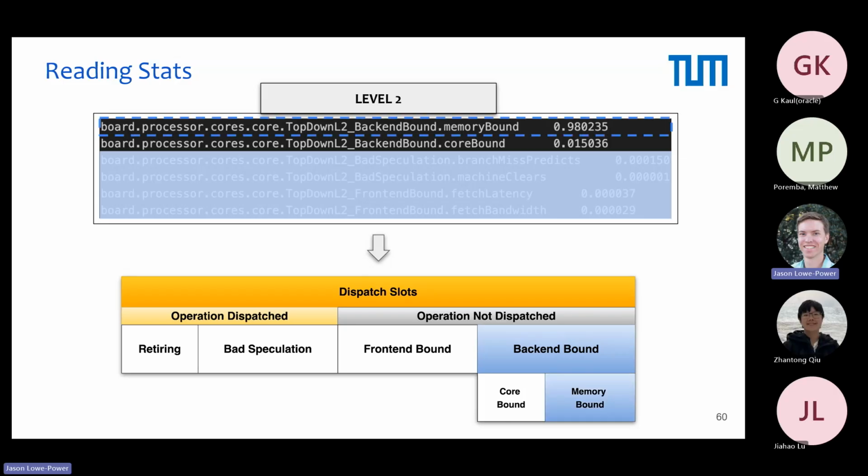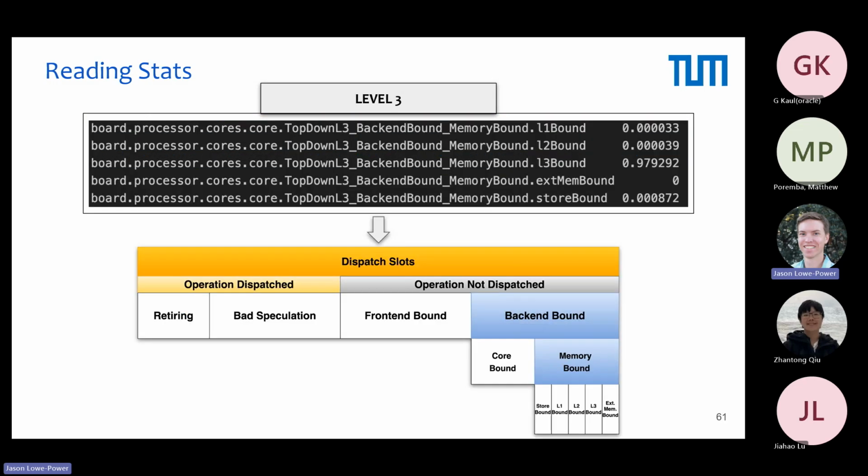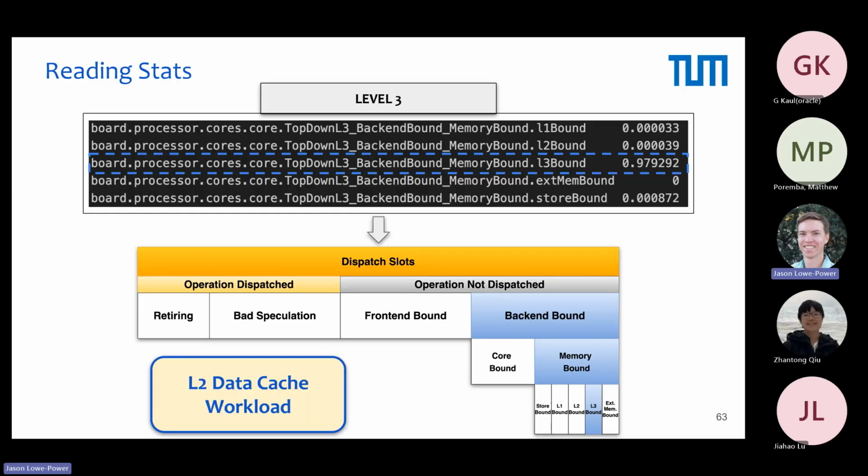And over here we see that it was memory bound on this level 2. And then we move on to level 3 of memory bound, where we see it can be marked as L3 cache bound, which means the load misses were searched from the level 3 cache. So this example was from a workload trying to stress the L1 to L2 data cache, which says they are reading as well.